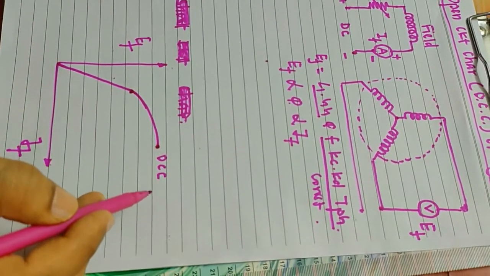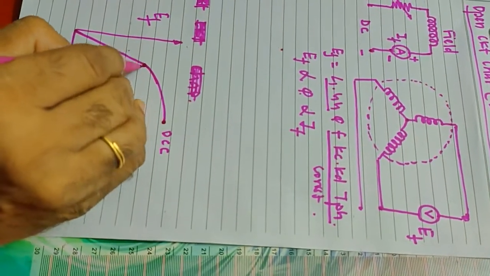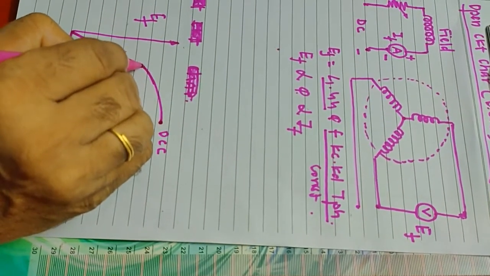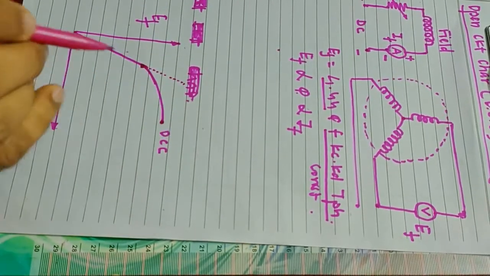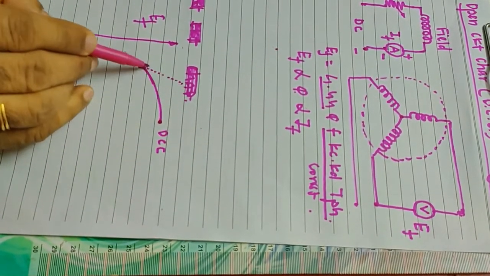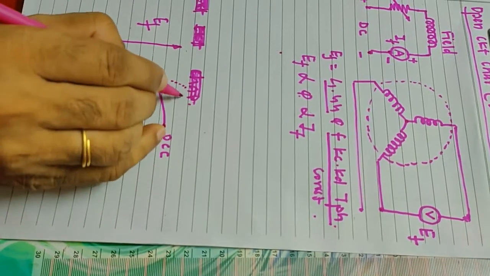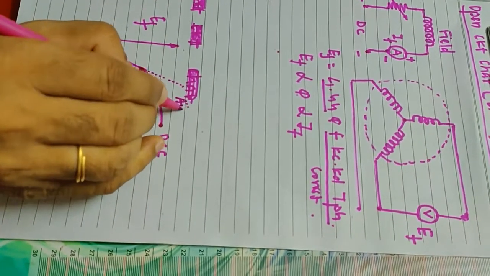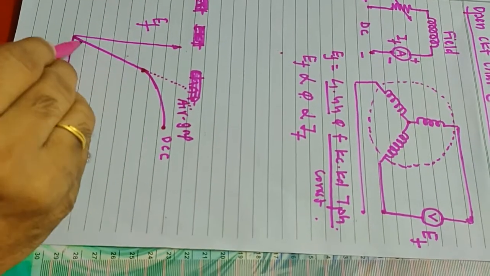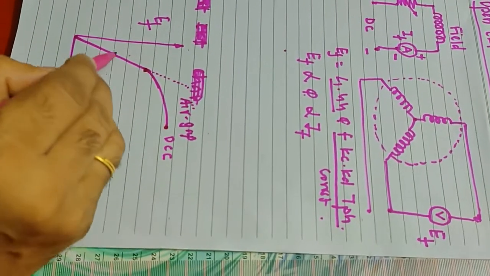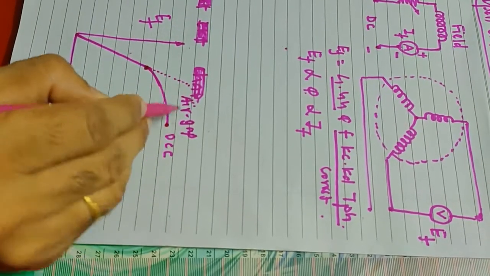If we neglect the saturation in the iron part, then the OCC will be a straight line, and this is called the air gap line. The air gap line is plotted tangent to the initial portion of the OCC.